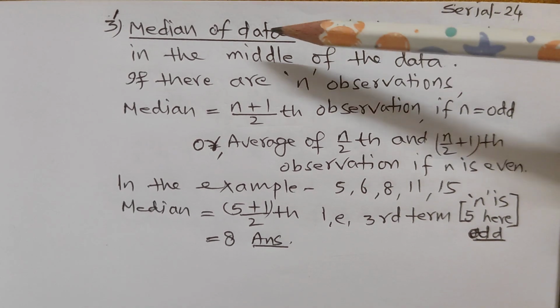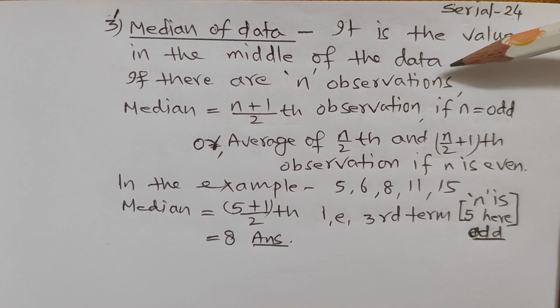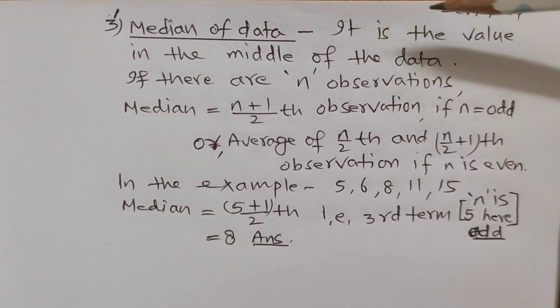Now we take up the median of data. It is the value in the middle of the data. Like the mean, which was also representing the middle of the data, the median is also representing the middle of the data.